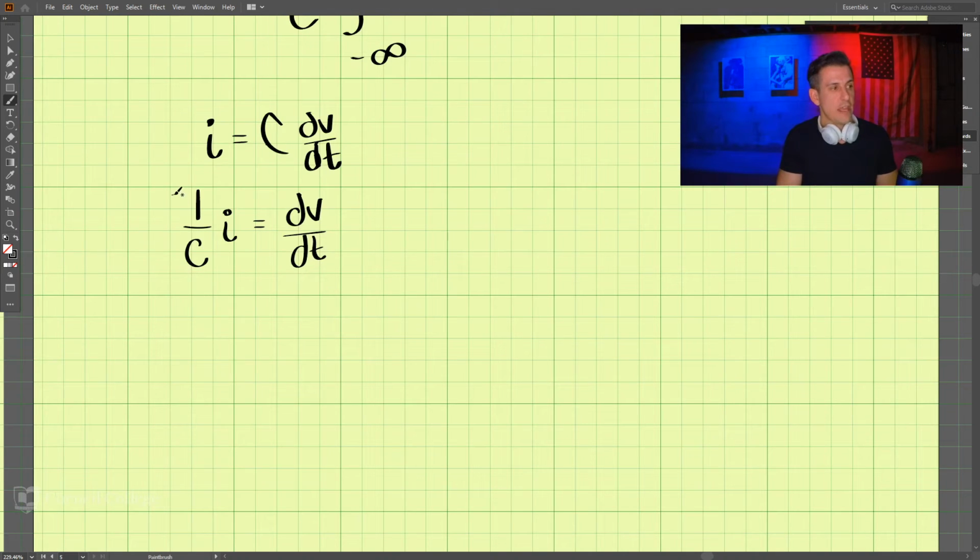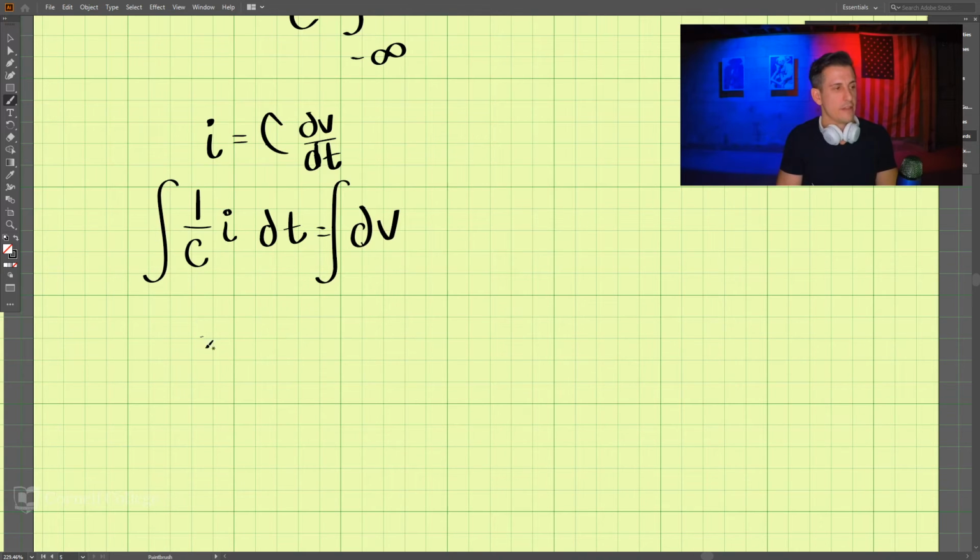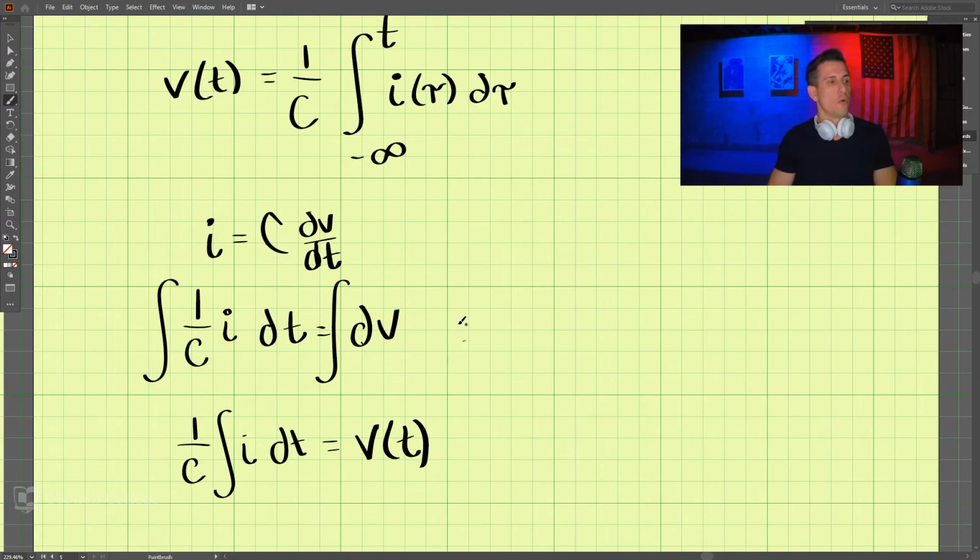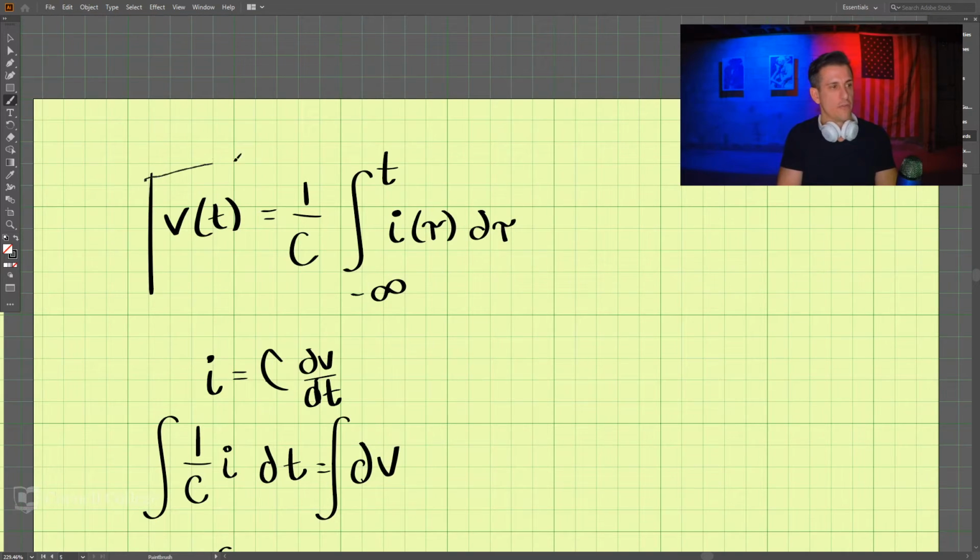Moving the dt to the other side, we integrate both sides. Integrating this side, we get I dt equals v as a function of t.